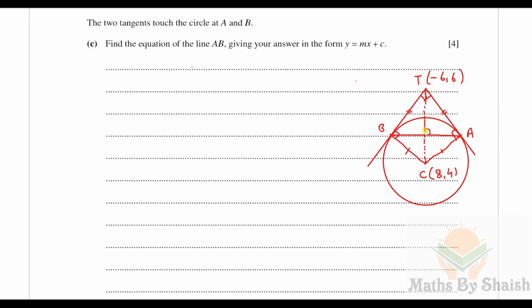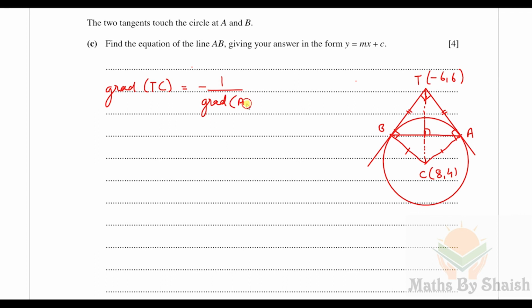gradient, the gradient of TC or CT is going to be minus 1 over gradient of AB, because they are perpendicular to each other.